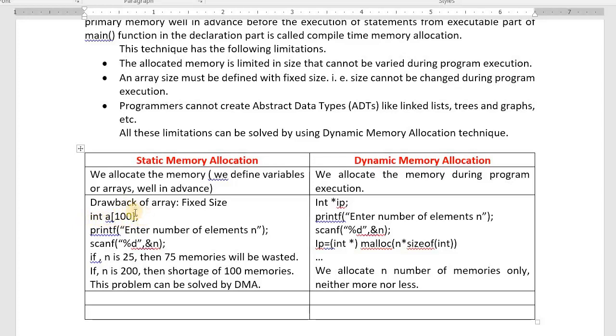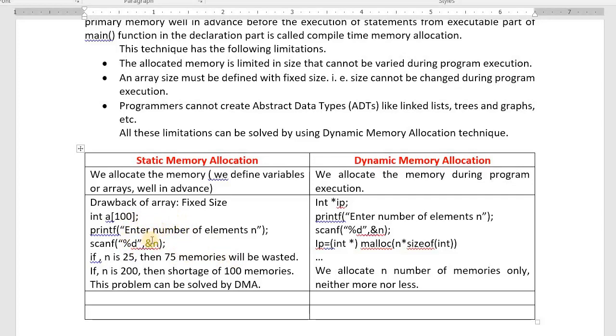Assume that I defined one array named a with the size 100. Afterwards we read the input: enter the number of elements. If the user enters the value of n as 25, we utilize only 25 memories out of 100. What about the remaining 75 memories? 75 memories are wasted. This is the drawback of an array.